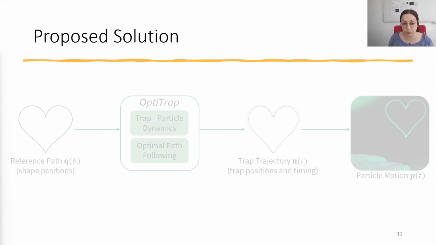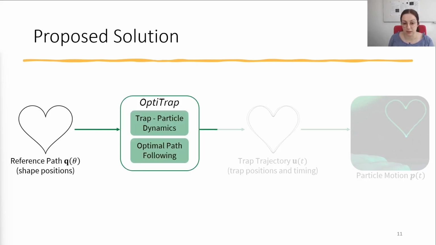The method that we propose accepts a reference path, the shape of the heart in this case, as an input without any timing information. It then takes into account the capabilities of the device and its trap particle dynamics and combines this with a path-following approach.